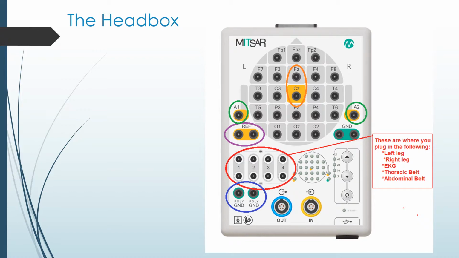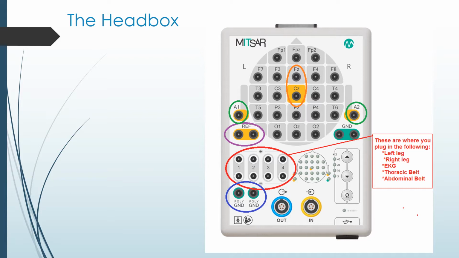Now, if you'll find the purple circle, just above that there, that is your reference site, and some people would use that instead of using your FZ. Again, I always use CZ as my ground and FZ as my system reference electrode.